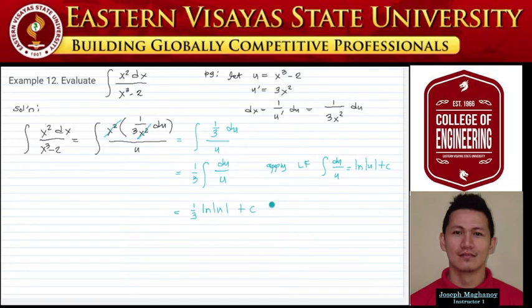So we need to recall the value of your u, which is equal to x cubed minus 2. So finally, your final answer is 1/3 ln absolute value of your x cubed minus 2 plus your constant.